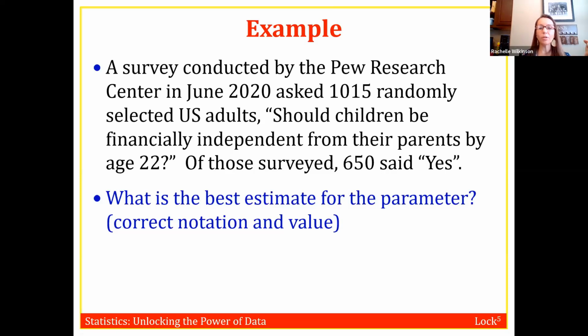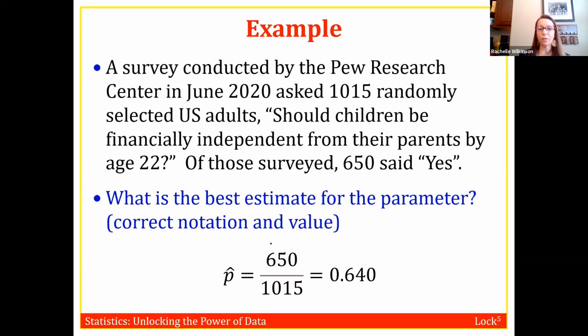So if my parameter was P, what's my statistic going to be? Yeah, P hat. So P goes with P hat. So if parameter is P, my statistic is P hat. Okay, and P hat is a proportion. A proportion is really just a fraction that is turned into a decimal. So we can compute P hat based on our sample data.